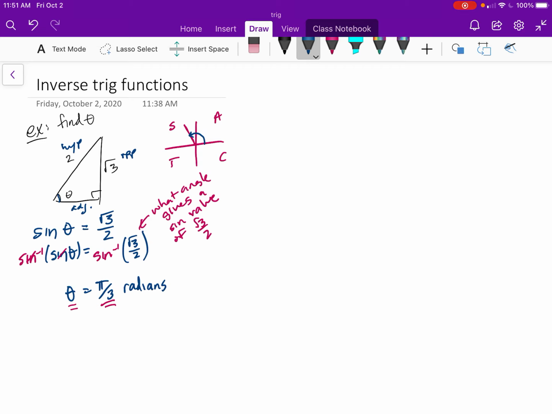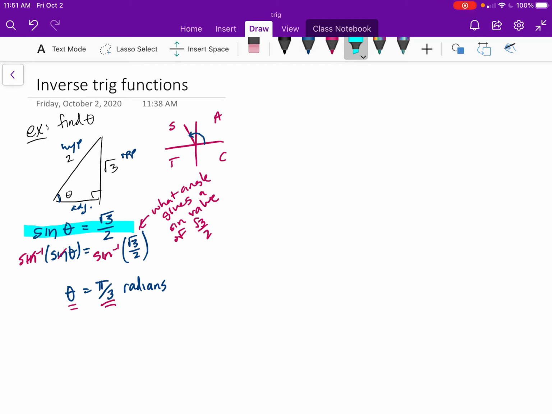Now, in the picture that I have drawn, sure, it's a right triangle, right? So I know theta has to be less than 90 degrees, less than pi over 2. But what if the problem ultimately just started as this? If I said find theta, I didn't draw a triangle, and I said sine theta equals root 3 over 2.